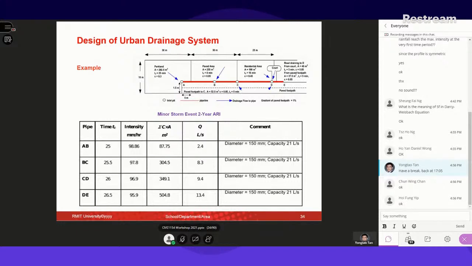Finally, for the 2-year ARI, the 150 millimeter diameter pipe is suitable, because for pipe DE the peak flow is 13.4, less than 21.